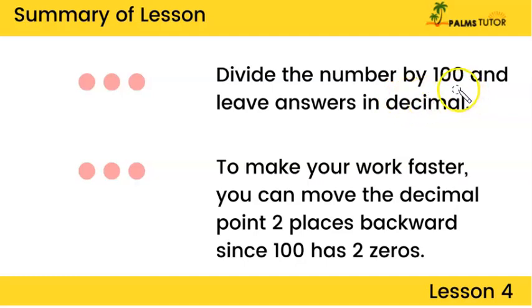Divide the number by 100 and leave answers in decimal. To make your answer work faster, you can move the decimal point 2 places backward. Why? Since 100 has 2 zeros. If you were dividing by 1000, you would move it 3 places backward.